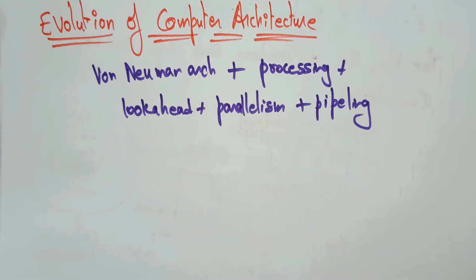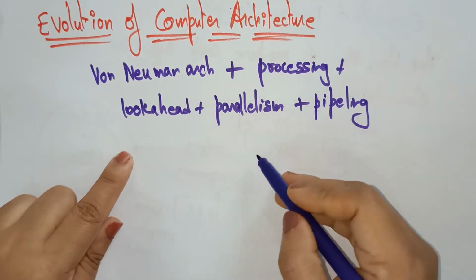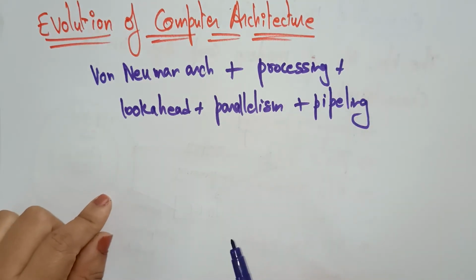Sequential means one after another, the data goes into the processor and the CPU executes one after another. It is just like serial computing. So to upgrade our systems, the von Neumann architecture evolved, and the concepts of processing, look ahead, parallelism, and pipelining were introduced.